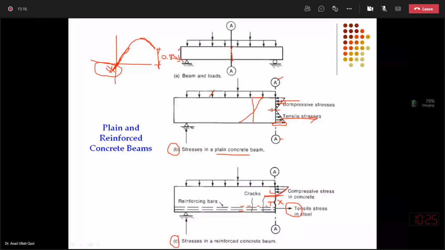But in this picture at the moment, it is somewhere over here. It is not yet going very high in the compression stress.